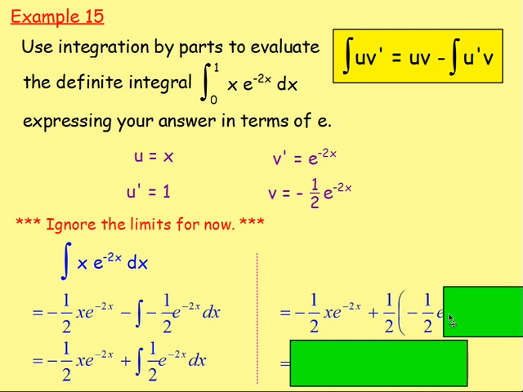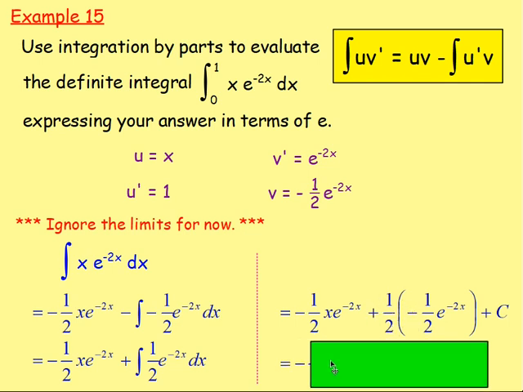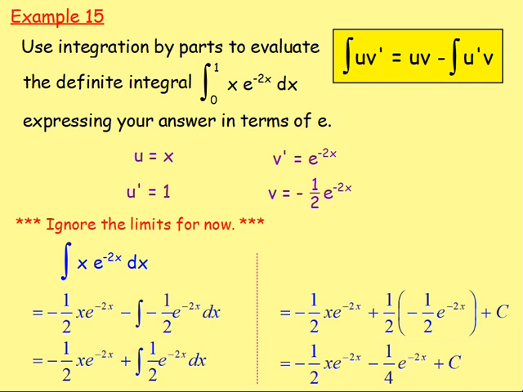So you would have negative 1/2 e to the negative 2x, and in the end you would have plus c. Perfect, because we're ignoring the limits just now, so we've got plus c. After that, well, you can simplify this bit here. We're adding on 1/2 times the negative, so really we're going to be taking away, and then 1/2 times 1/2 will be a quarter, and the rest will stay as it is.